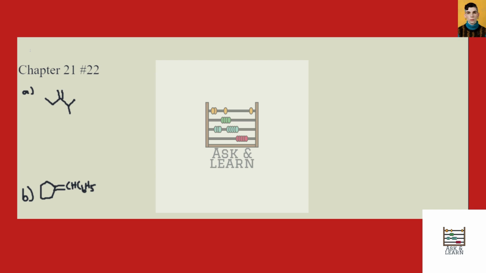So for A here, in a single step, A can come from the corresponding ketone. So ketone here instead of the alkane.